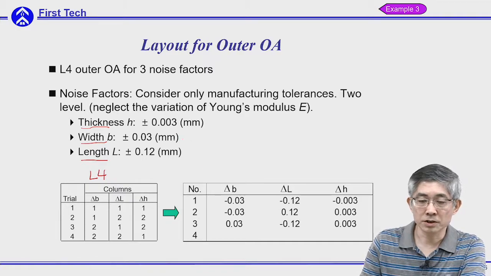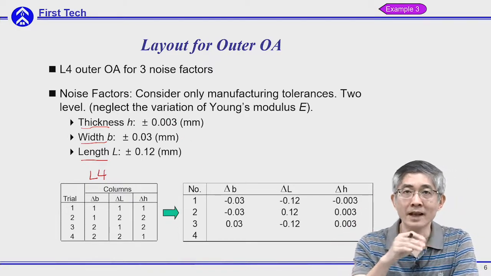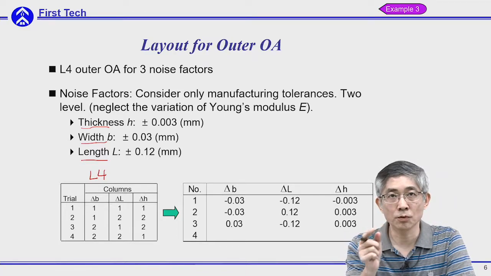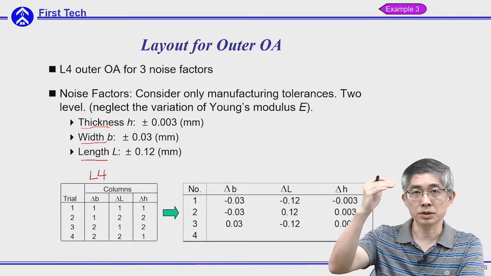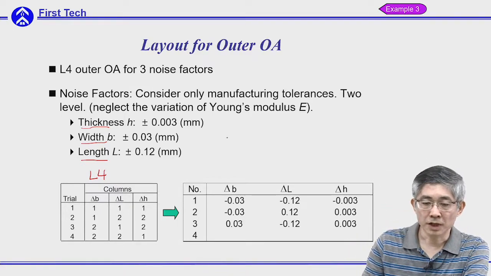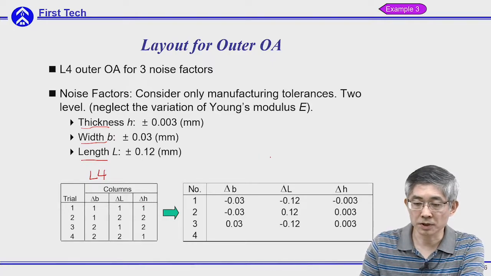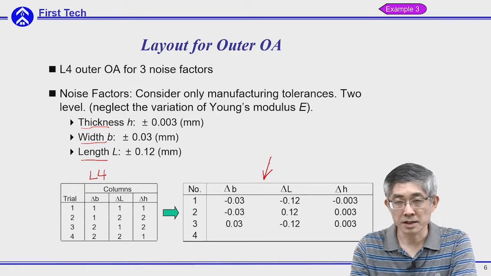And according to our selection, we usually put the lower limit, which is the minus tolerance, to be level 1, and the upper limit, which is the plus tolerance, to be level 2. And you can assign the number into the experimental design, and you will get the outer array as follows.